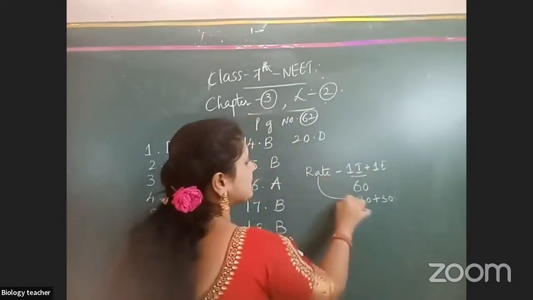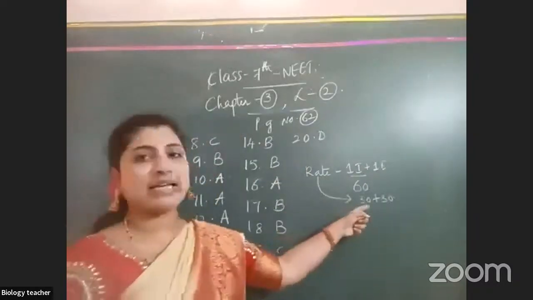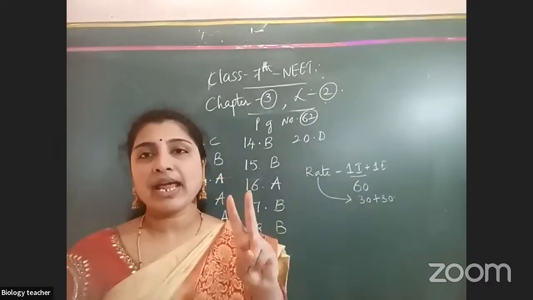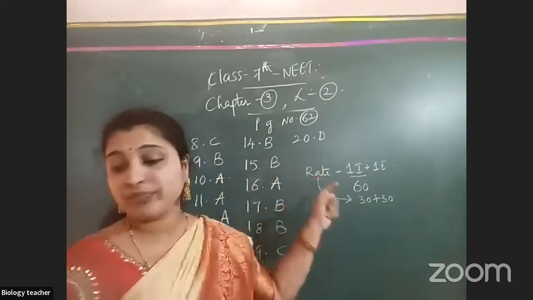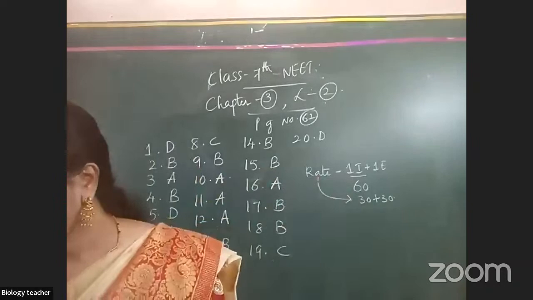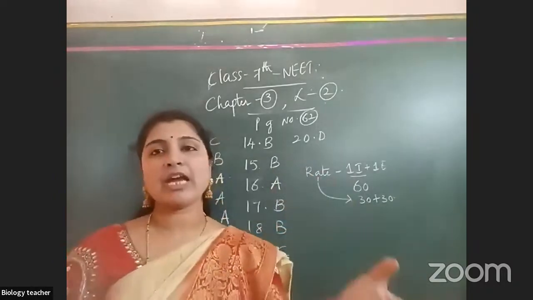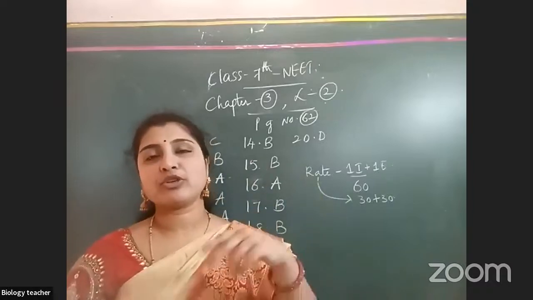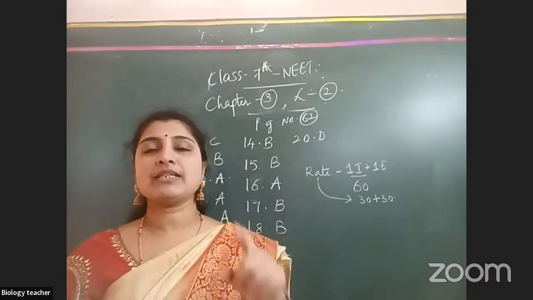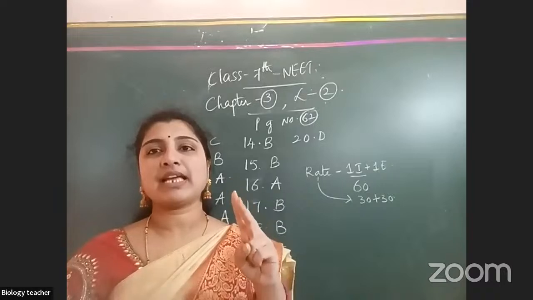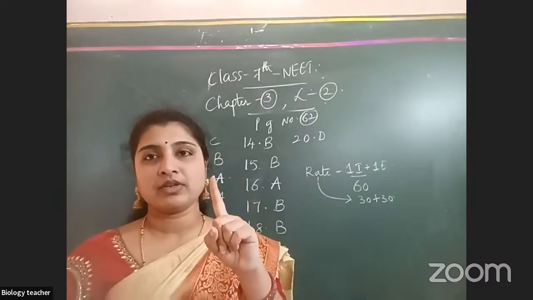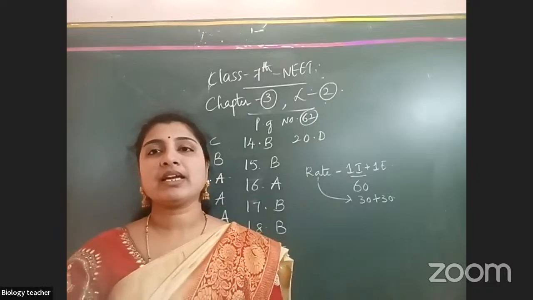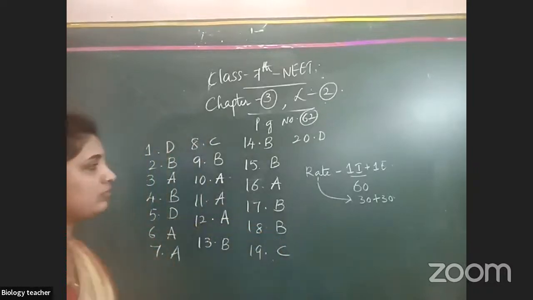So that is breathing rate. One inhalation, one exhalation is known as one breathing rate. But here the question is how many times we breathe in and breathe out. One breathe in one time, breathe out one time, so 2.